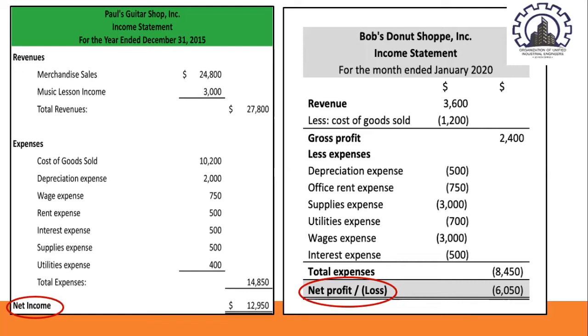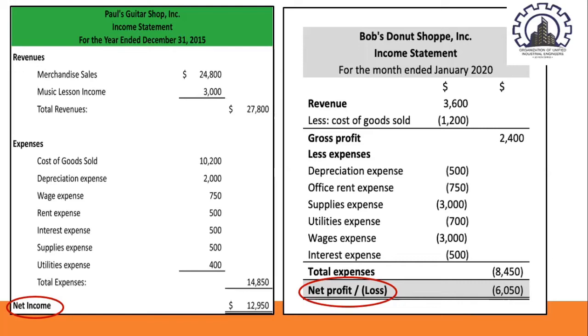On the other hand, on the other example, highlighted in gray, in my right side, if you try to look at the bottom portion, you can see their loss, okay, net profit or loss. Because as you can notice, the revenues are lesser than the expenses. The total revenues you have there 2,400, and the total expense is 8,450.